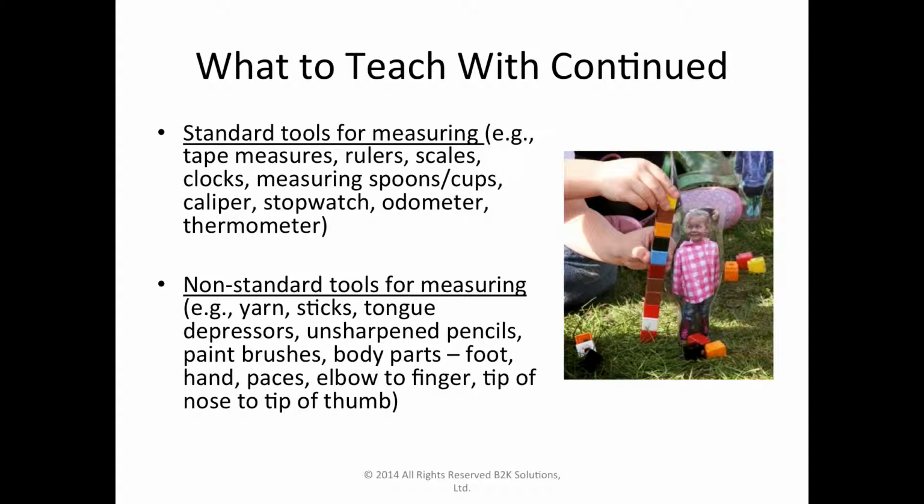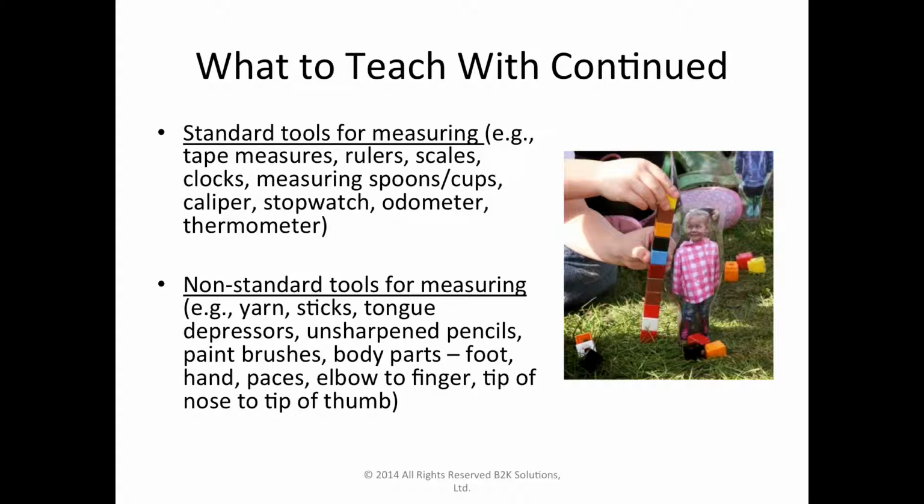So we might classify or make a list of things that are standard tools for measuring, and this may be dependent upon culture or familiarity for the children. What is really a standard tool versus something that is non-standard? In different cultures, what one culture thinks is non-standard might be the actual standard. So it's unique to your group how you would then classify what to teach with.